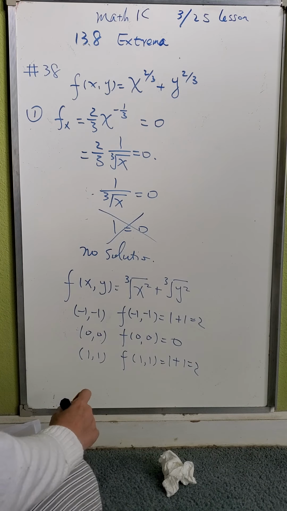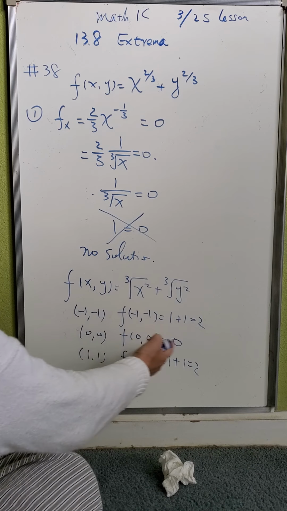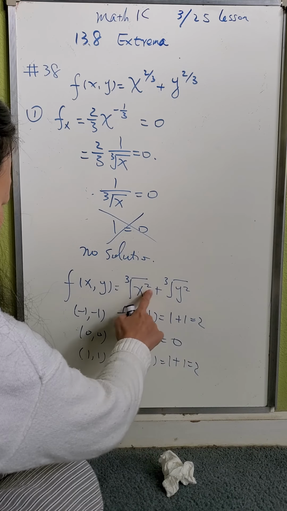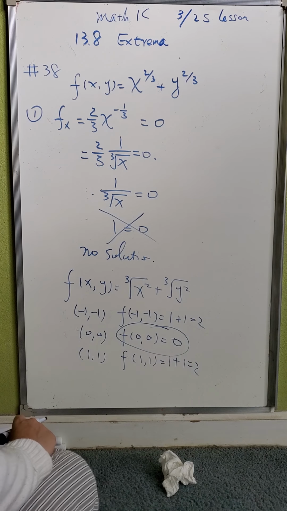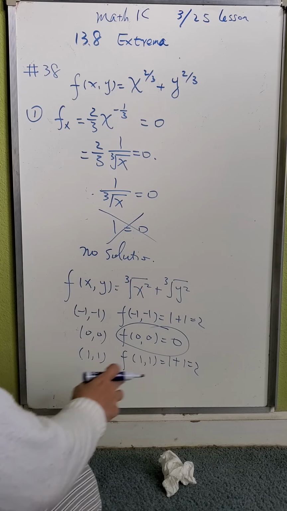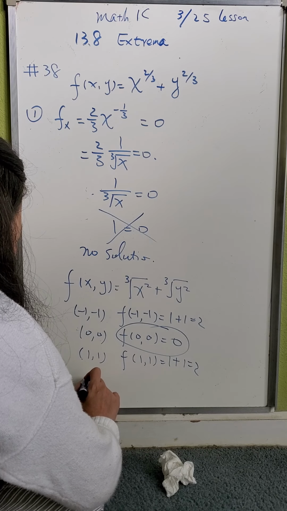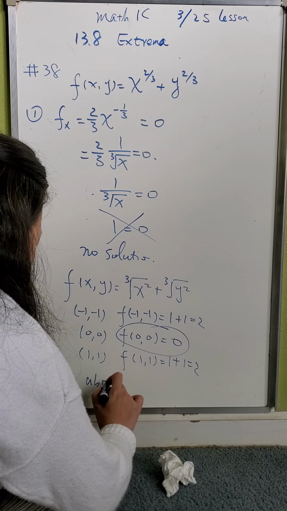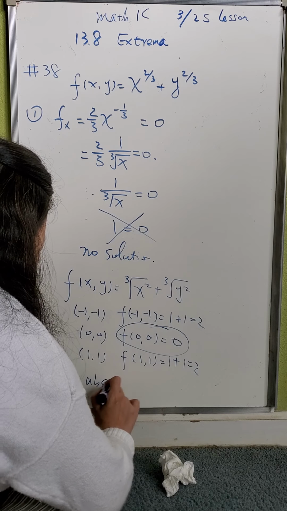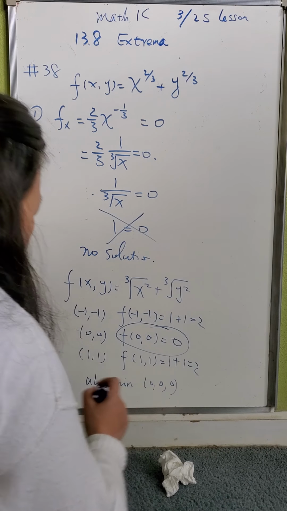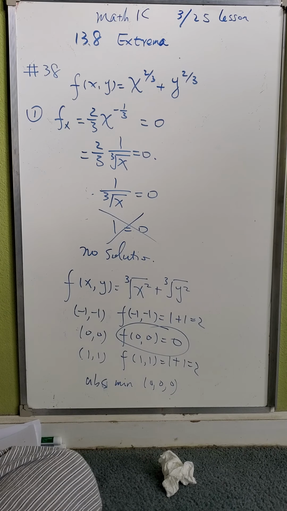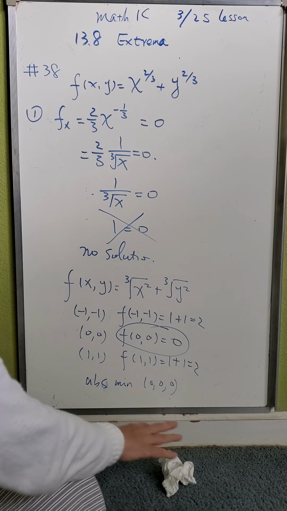It looks like positive or negative, I will get the same thing, because of the square here. And this will be my lowest possible point I can find. So this is my absolute minimum at (0,0,0). So that is how you do this problem.